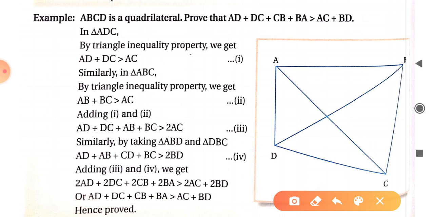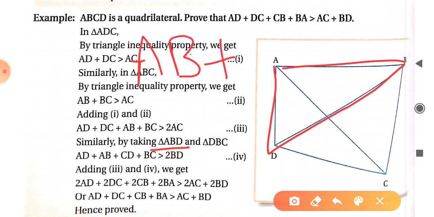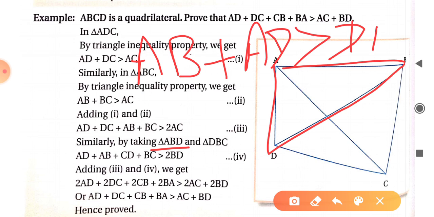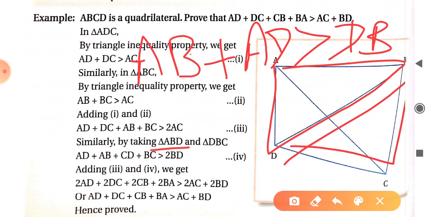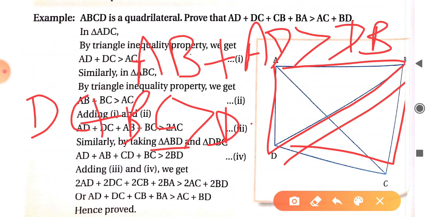Then similarly we will take triangle ABD. When we take triangle ABD, we get AB plus AD is greater than BD. And similarly when we take triangle DBC, then we get DC plus BC is greater than DB.